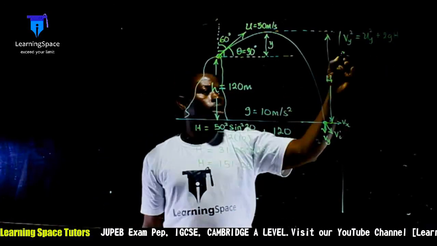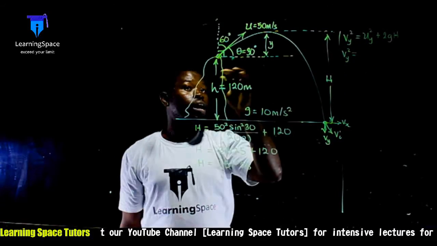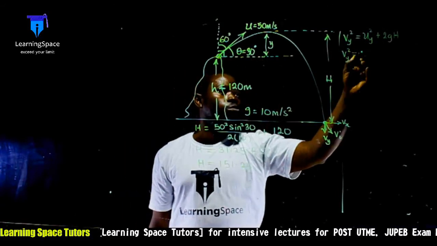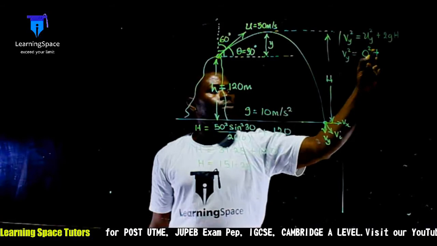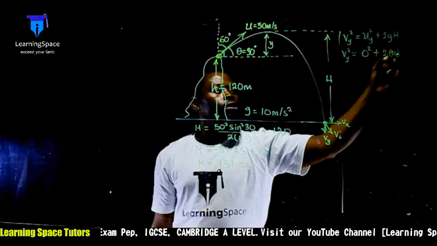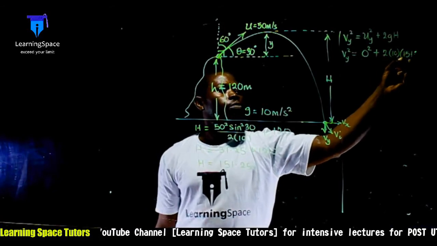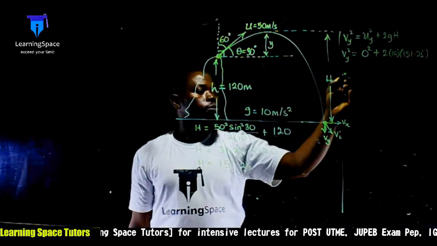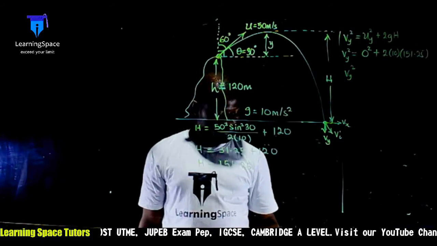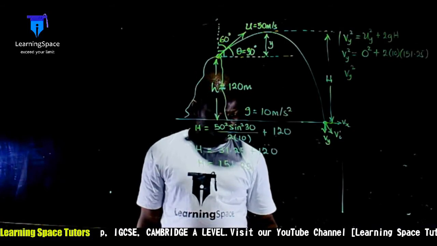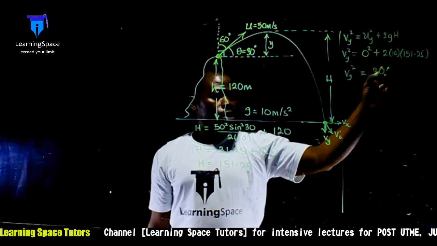Now for the vertical component of the velocity, Vy squared is equal to Uy squared plus 2gh. The initial vertical velocity will be 0, times 2 times 10 times the maximum height attained above the ground, which is 151.25. So invariably our Vy squared is going to be 3025.